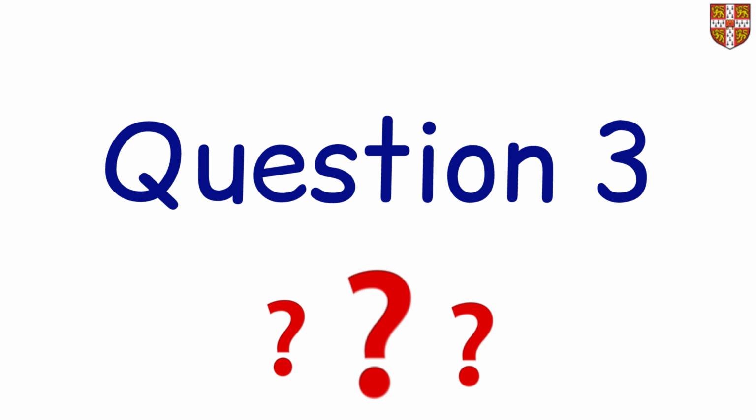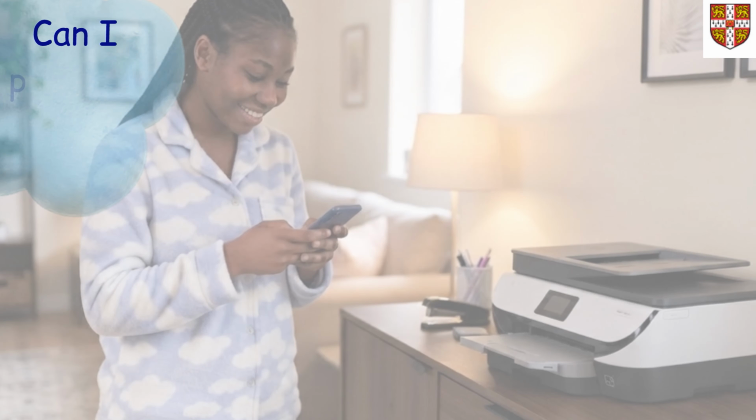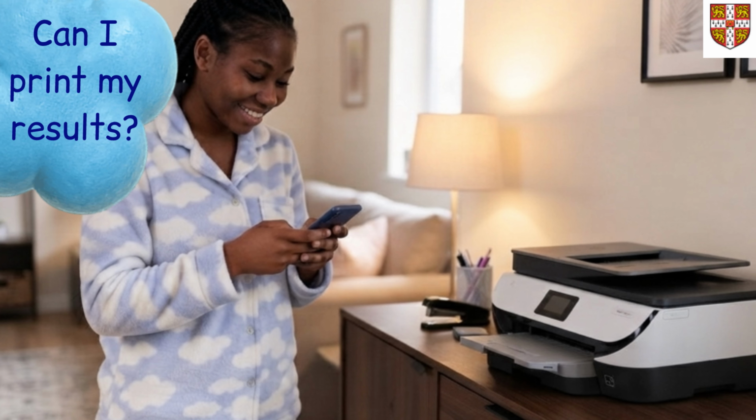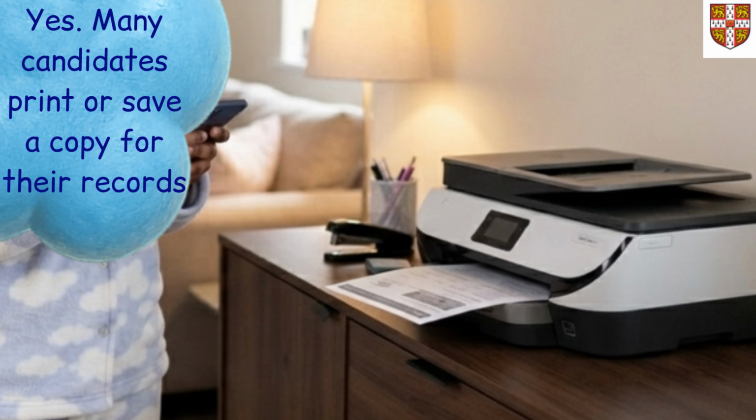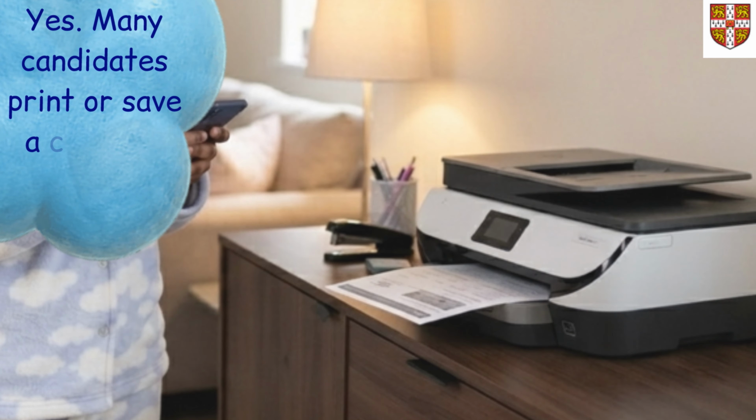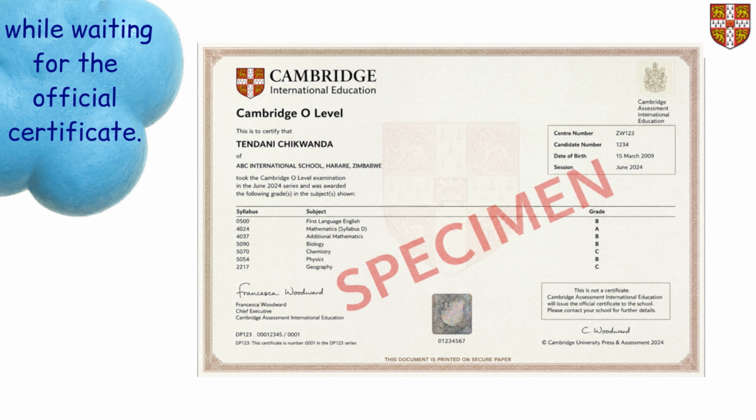The Cambridge Results online portal works with an internet connection. Can I print my results? Yes. Many candidates print or save a copy for their records while waiting for the official certificate.